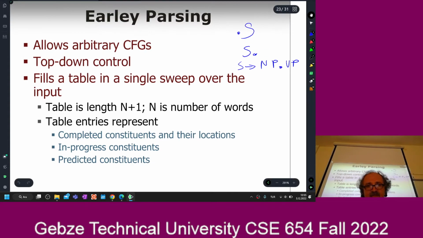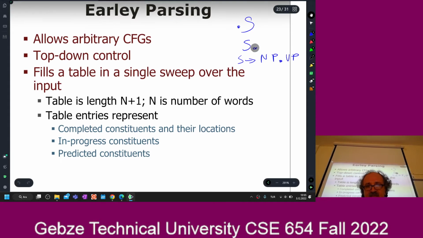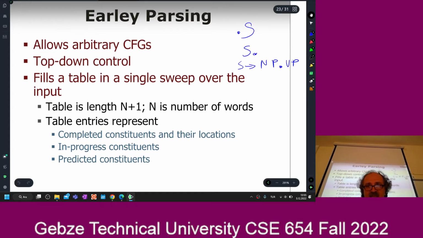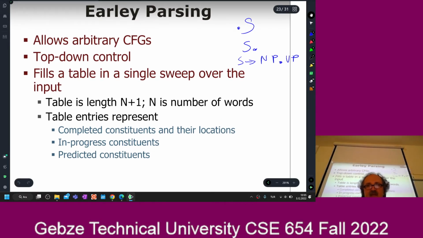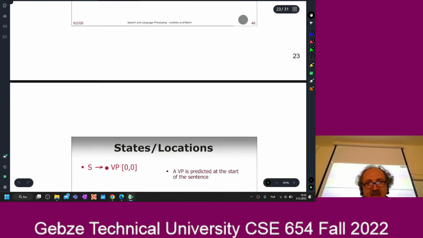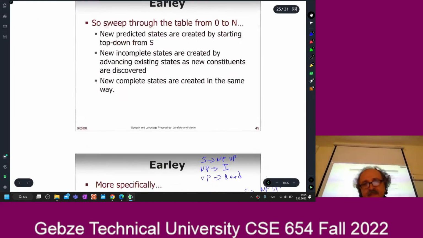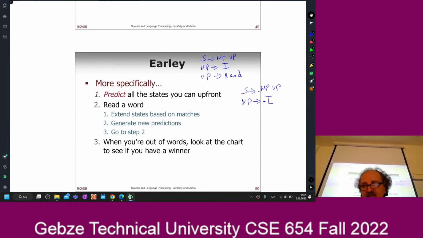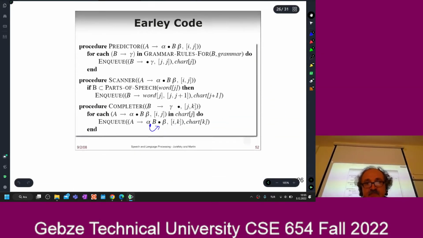That's Earley parsing. And like CKY, it is a dynamic programming based technique, but different from CKY, it doesn't require you to write your rules in binary form. It can be any type of grammar.